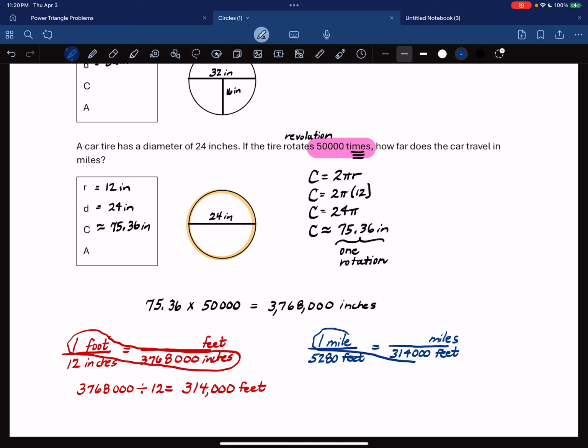So I'm going to do 1 times 314,000 divided by 5,280, and that will give me, I bet this one's not even. No. It is 59.4696 and a bunch more stuff. So I'm going to call it about 59 miles.